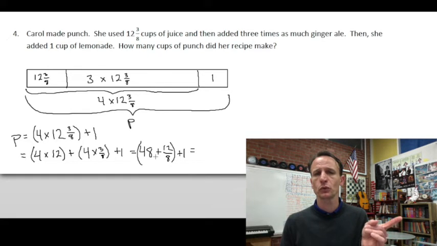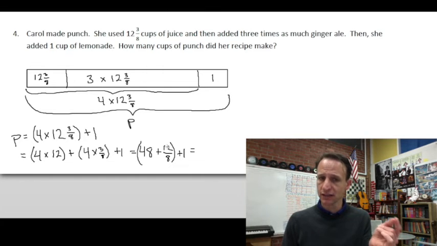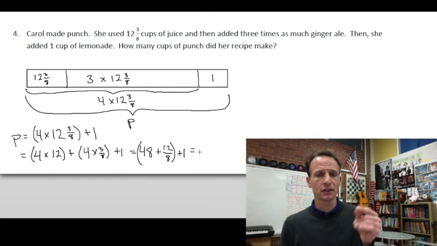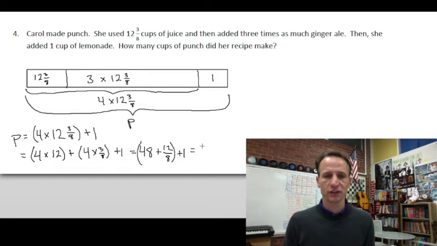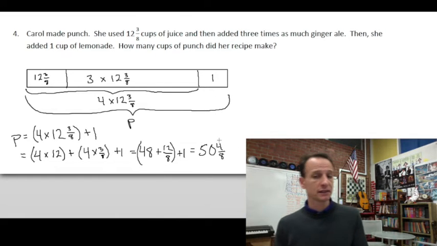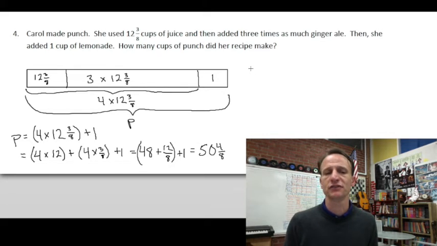Can we add that to 48 in our heads? 48 plus 1 4/8 is 49 4/8. Add another 1 to it: 49 4/8 plus 1 is 50 4/8. And if you want to write out the individual steps there, go for it. You might have noticed right off that 4/8 is equivalent to 1/2. So we would be totally right to say 50 1/2, but our instructions don't say to do so, so I'm going to leave it as 4/8.